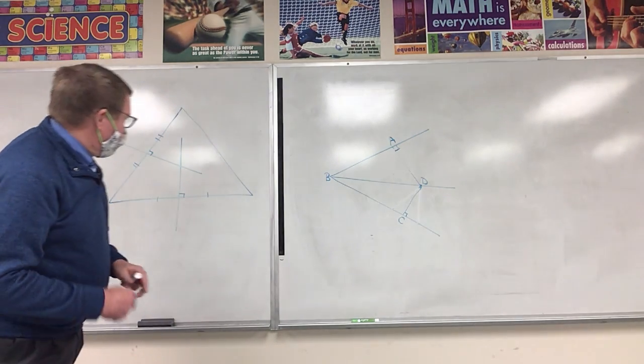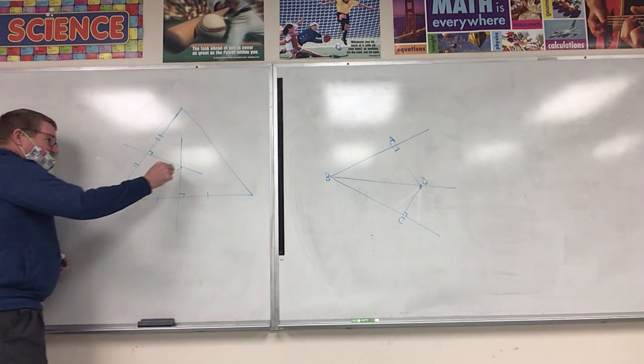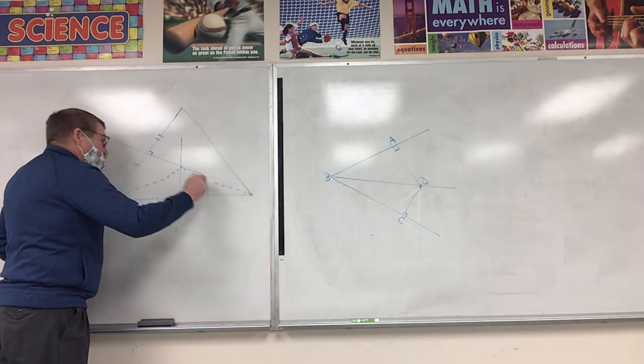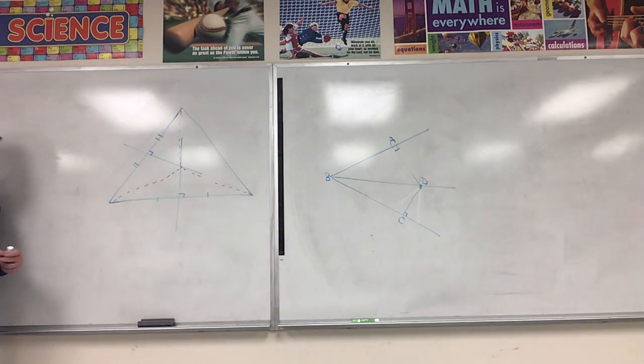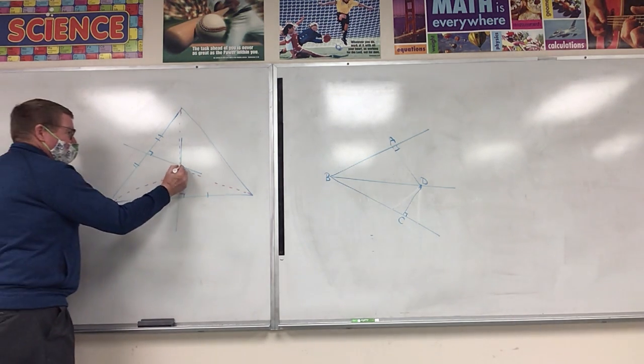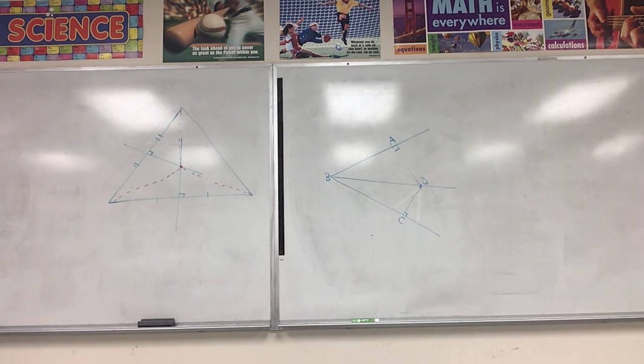So it's equal distance. That means if this is the point on the bisector, then I know that these distances are going to be equal from the vertices of the triangle. This point is called what kind of point? Circumcenter.